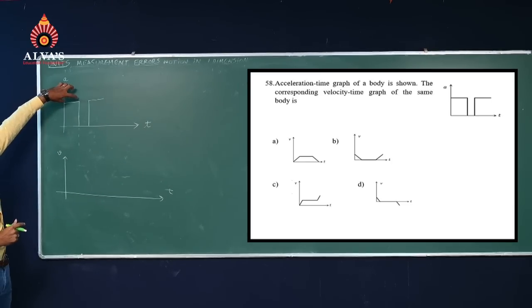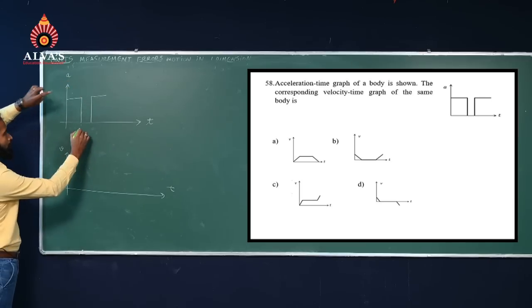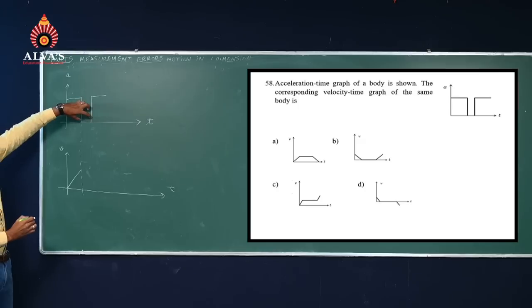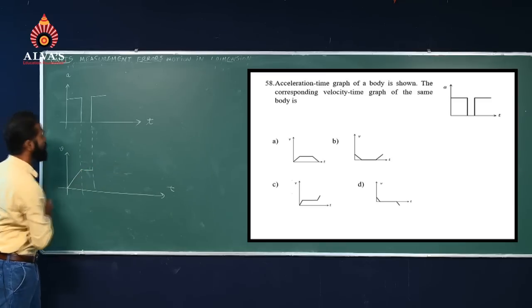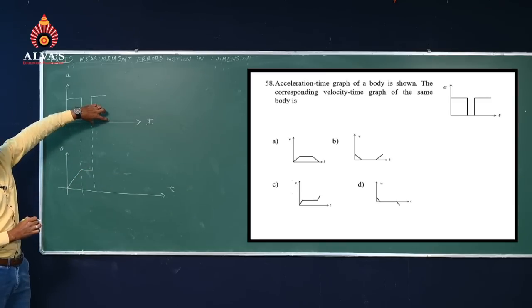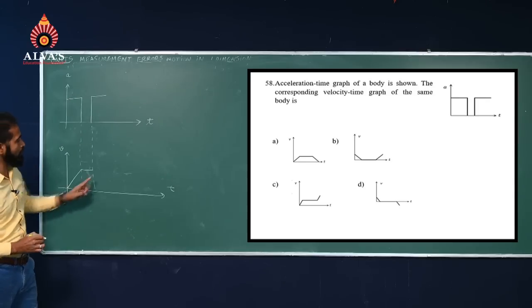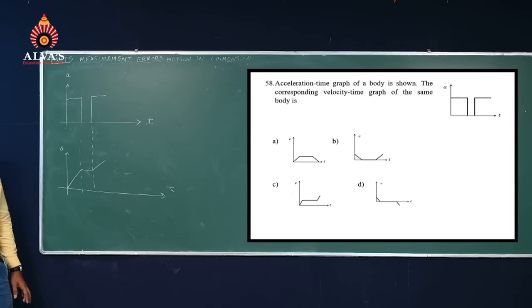Now if you look at this part, the acceleration is constant. So since acceleration is constant, velocity should increase at a constant rate. Next, from here to here, acceleration is 0, so the velocity must be constant. Next, from here till here, the acceleration is once again constant, and that is also positive, so the velocity once again is going to increase. So the correct graph is option C.